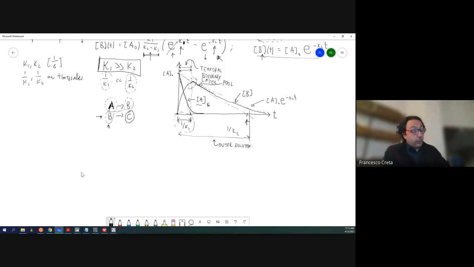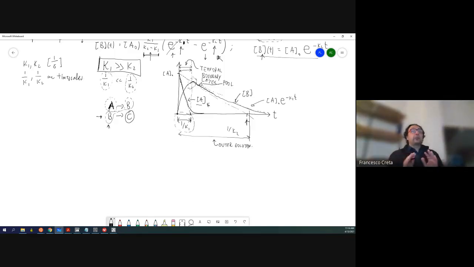Now, how can we highlight this even further? Now we've seen A going to B and B going to C, and we've seen the differential system that has an analytical solution. We know everything.